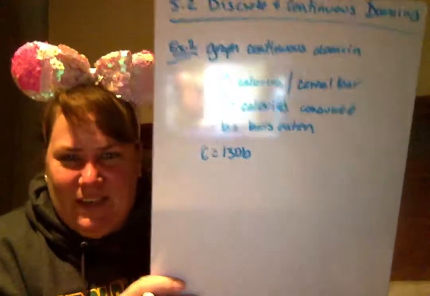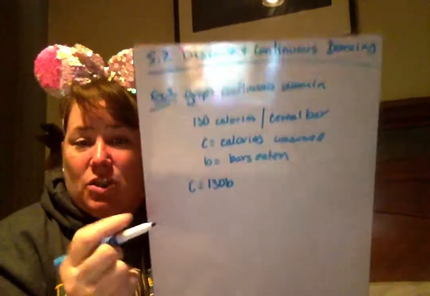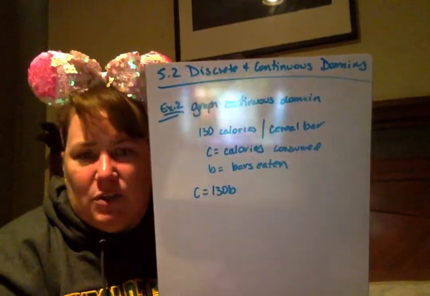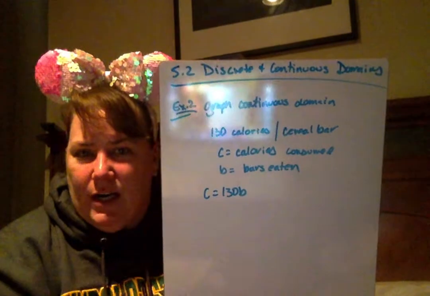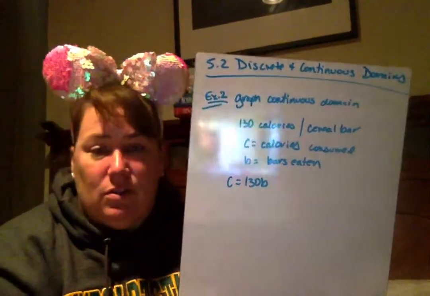There it is. Okay, so B is your independent variable, C is your dependent variable. Because the total number of calories consumed is based on how many bars are eaten and how many calories per bar.